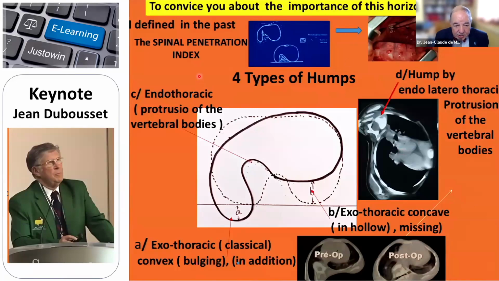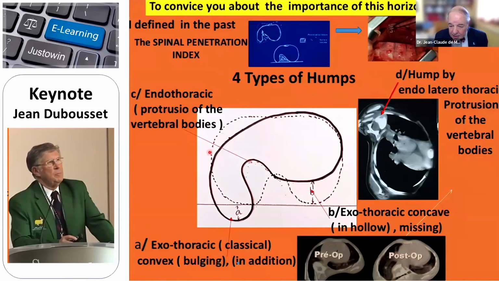The work of Dubousset was also for surgical curves. He was a very famous surgeon with the Cotrel-Dubousset. You know this type of surgery. It was the first 3D surgery. And it was possible for scoliotic curves necessitating surgery to differentiate the penetration, the spinal penetration index.